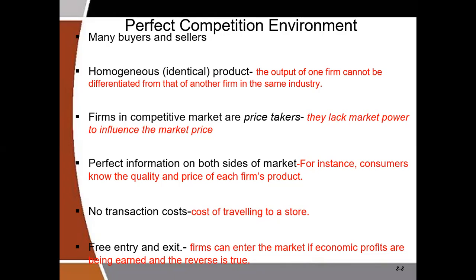Number three, because there are many buyers and sellers, no single seller can influence the price, and they don't have market power to even influence the price. So we say that firms in a perfect competitive market are price takers.